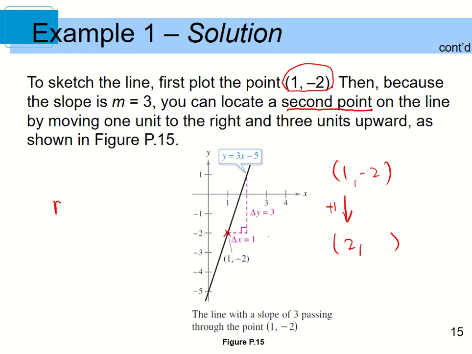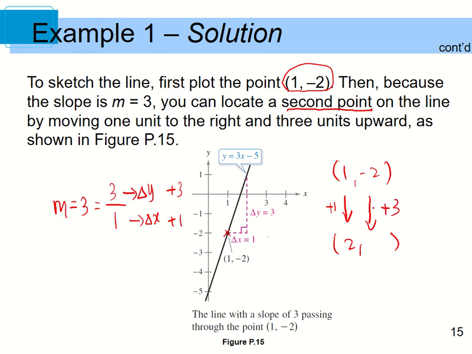Just some revision here, a recap. If the m is 3, it means that it's 3 over 1. This refers to the difference of x, which increases by 1, and this refers to the difference of y, which increases by 3. So when the x increases by 1, the y increases by 3.